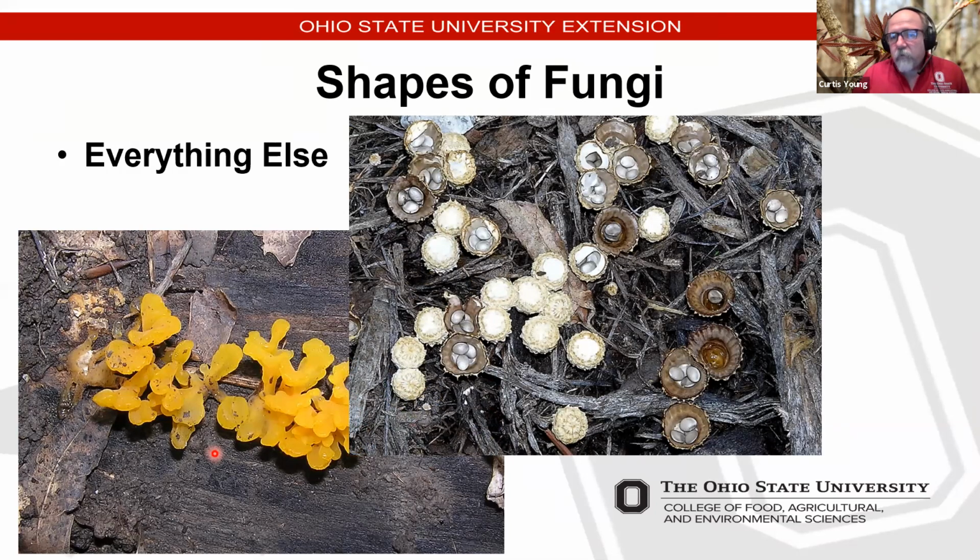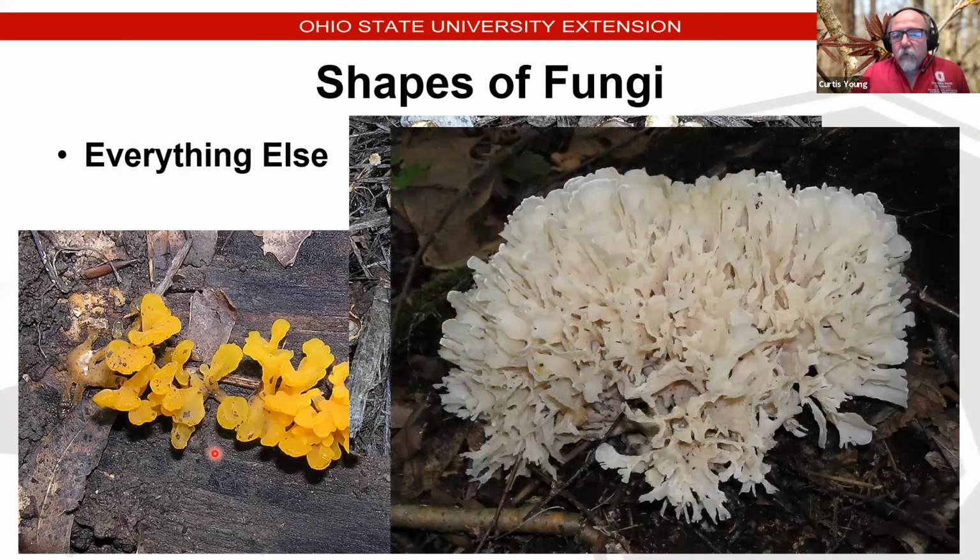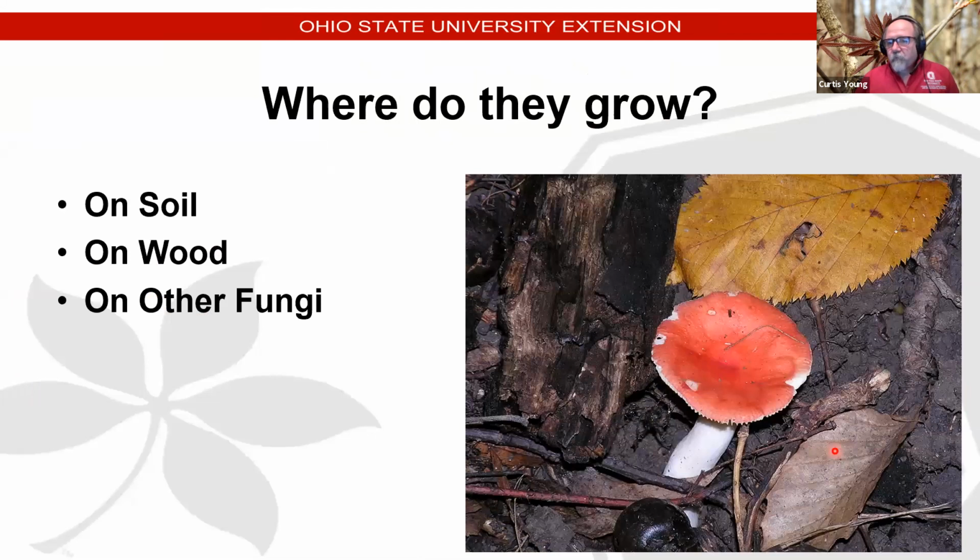And there's a couple of different species of those that we can encounter. And then there's those that are called cauliflower fungi. And it does literally look like a cauliflower growing on the forest floor. And the cauliflower fungi are edible. So there's a multitude of other shapes that, once you start looking, is quite interesting.